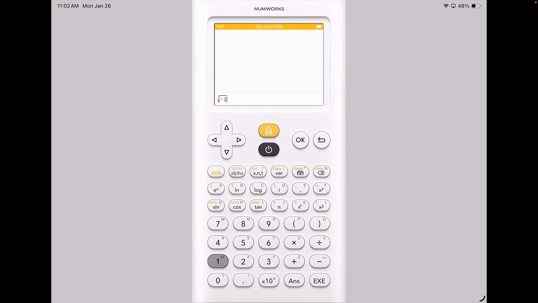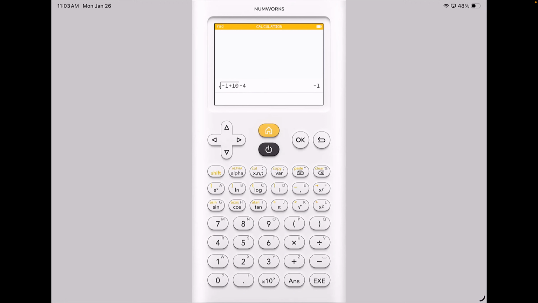And then was it plus 4 or minus 4? Minus 4, right? But I don't want -4 inside, so I'm going to use the right cursor to get out of the square root, and I'm going to put -4. And then I'm going to hit enter.